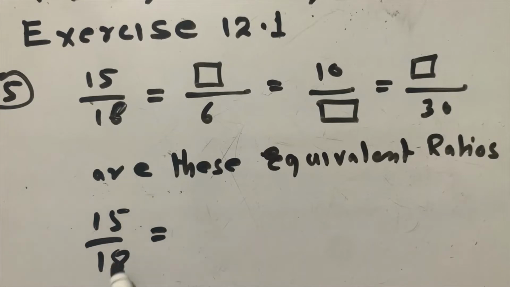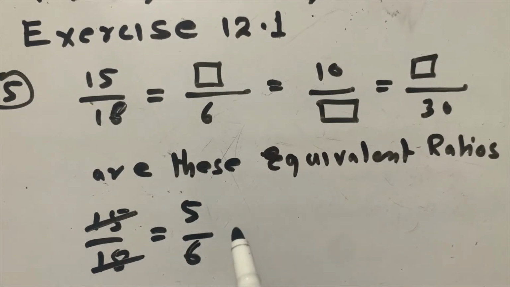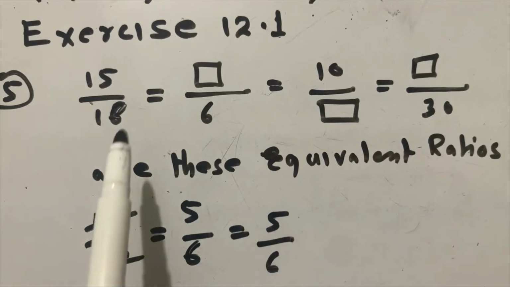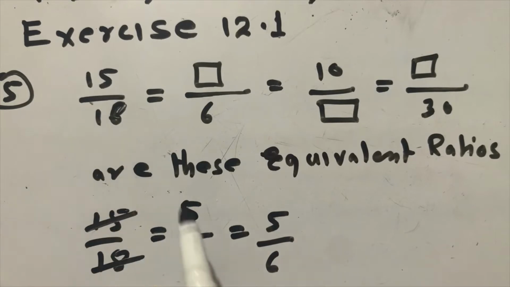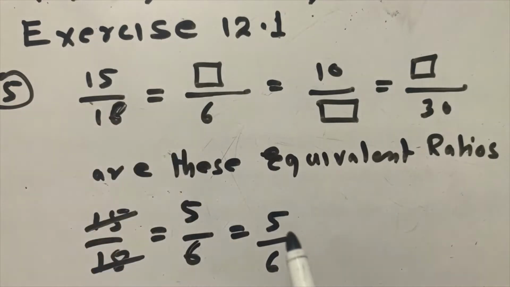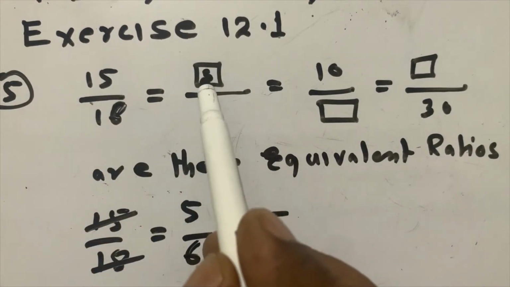If we read the table of 3, 3 5s are 15, 3 6s are 18. We got the result 5 upon 6. 6 is given here, and here it will come 5.